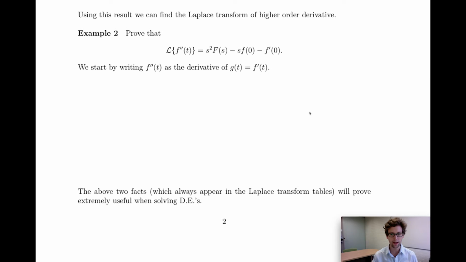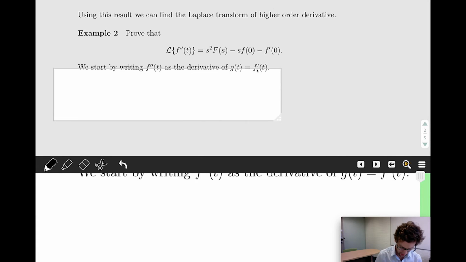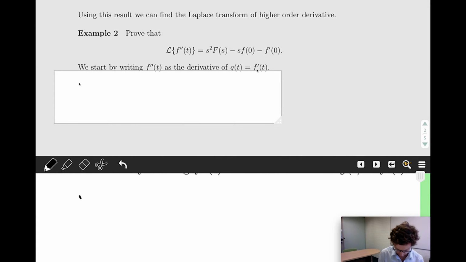And the way I'm going to do that is by introducing a new variable, g of t, and we're going to define that as f prime of t. So then I can think about what is the Laplace transform of g prime of t.